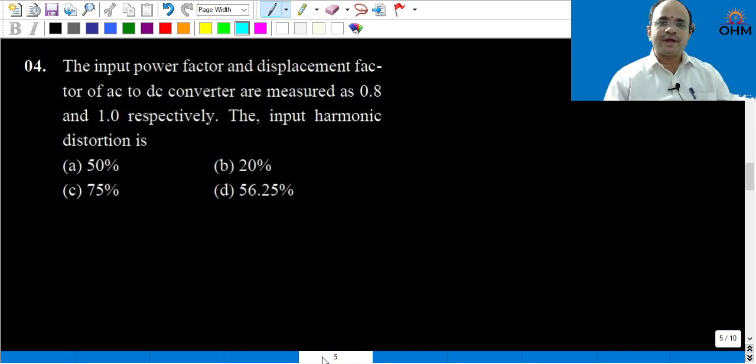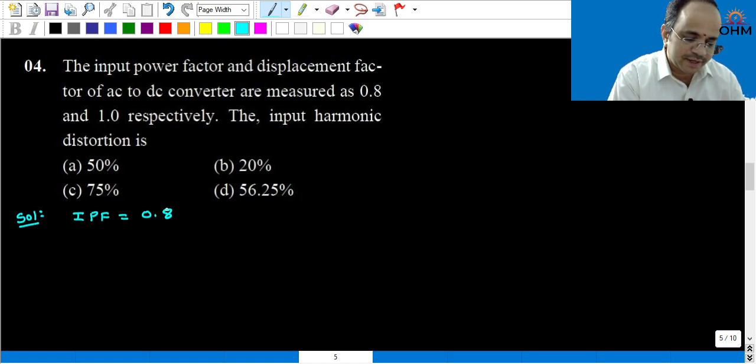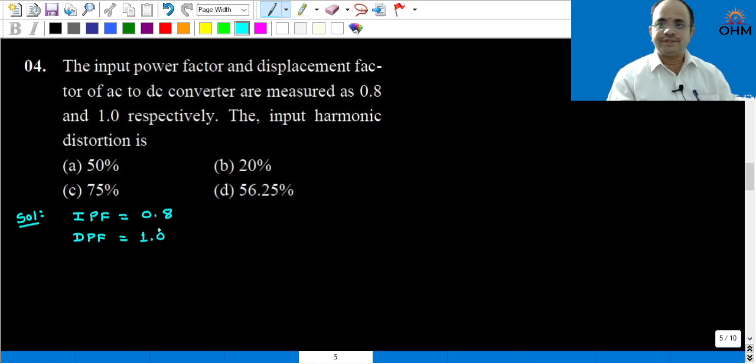The input power factor and displacement factor of an AC to DC converter are measured as 0.8 and 1.0 respectively. So now this is another question on a similar line, same paper. What is given? Input power factor, IPF, is equal to 0.8, and displacement power factor, DPF, is given as 1.0, right?